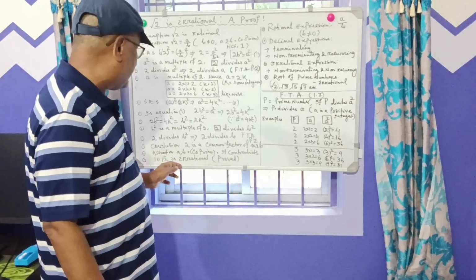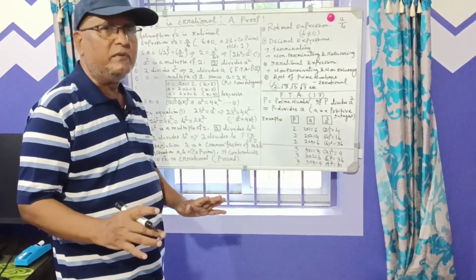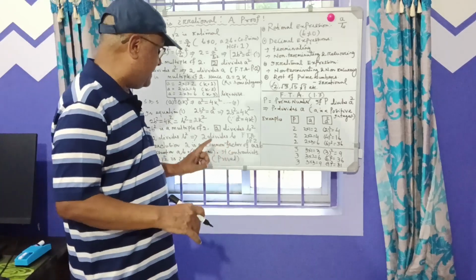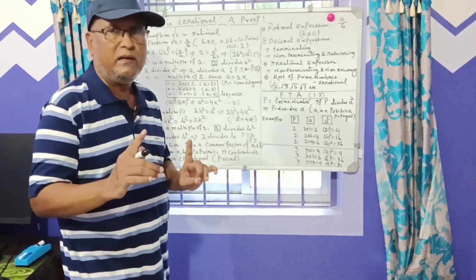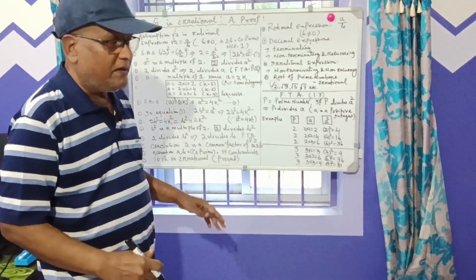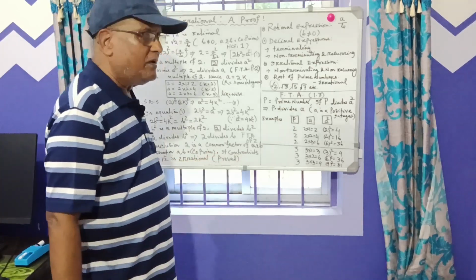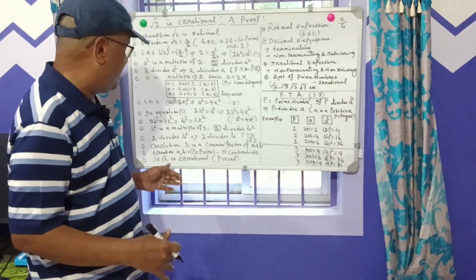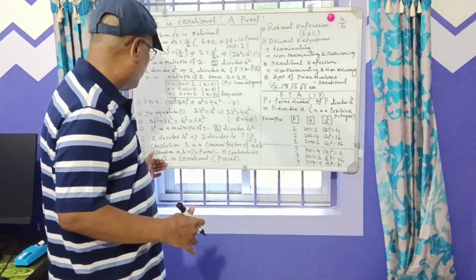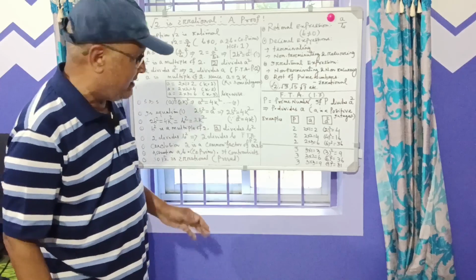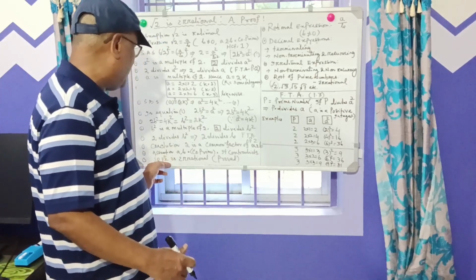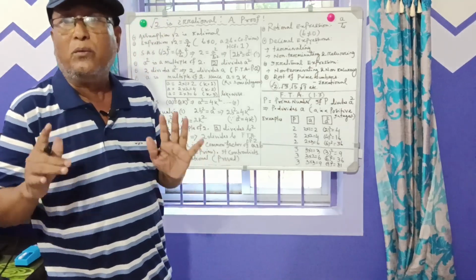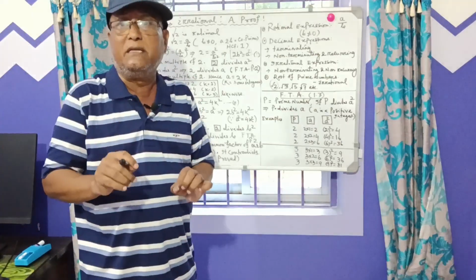Our assumption was a and b are co-prime, meaning their common factor is only 1. The HCF, highest common factor, is 1. So it contradicts our assumption. Hence we can say, therefore, it can be stated that root 2 is not rational, but root 2 is irrational. Hence proved.